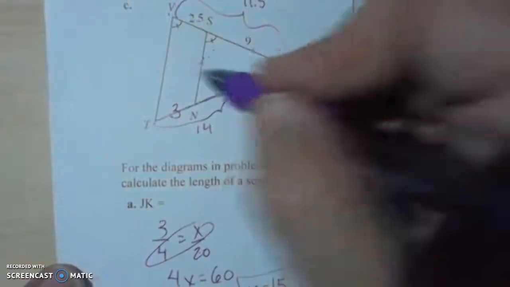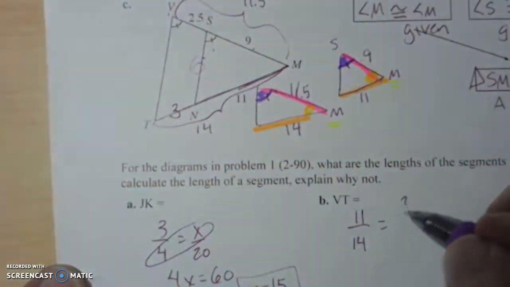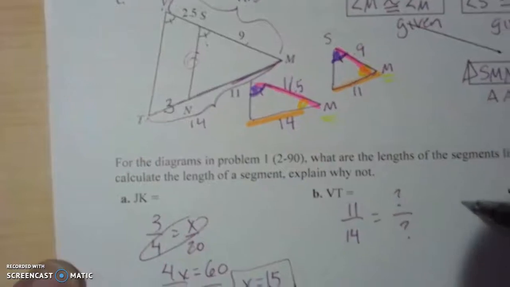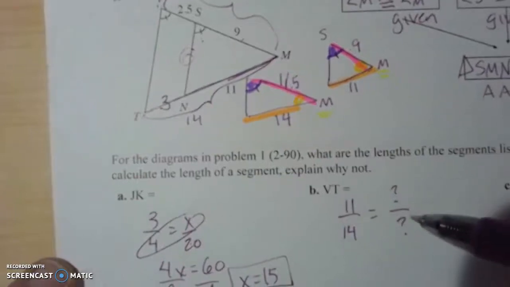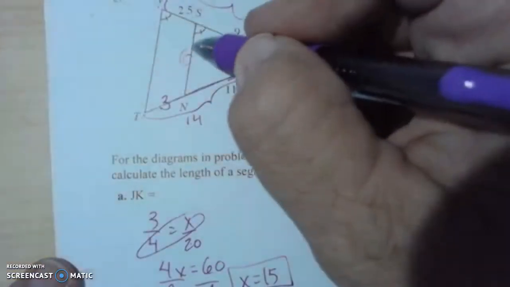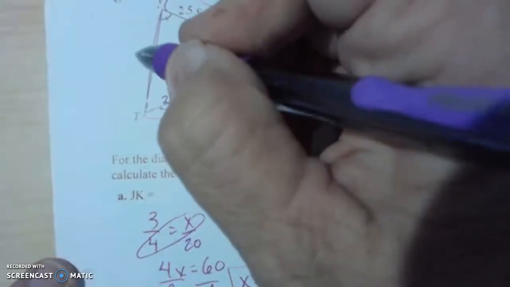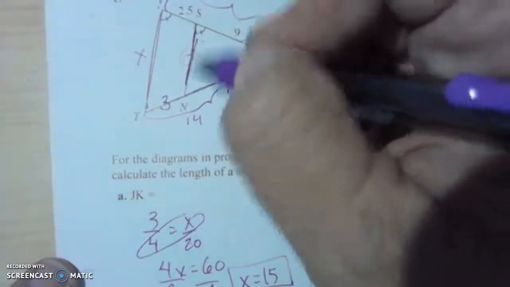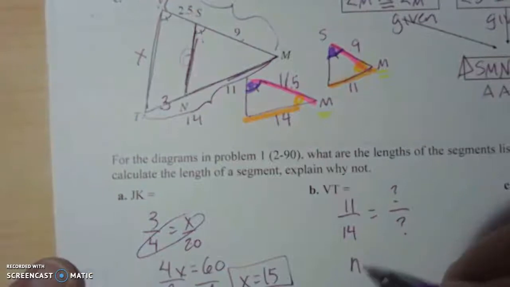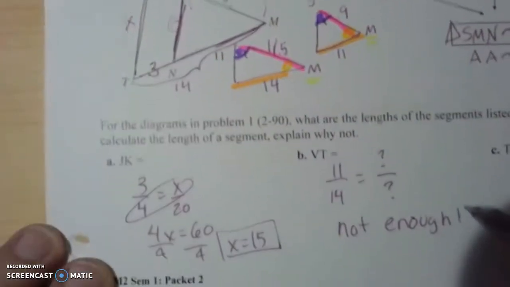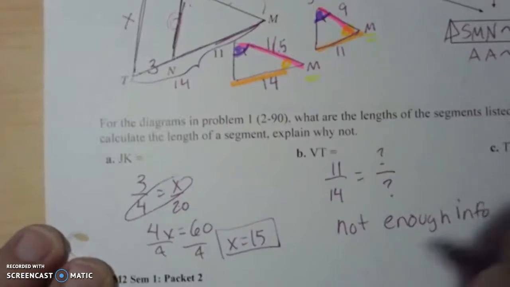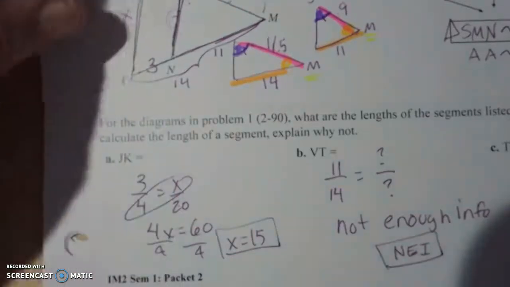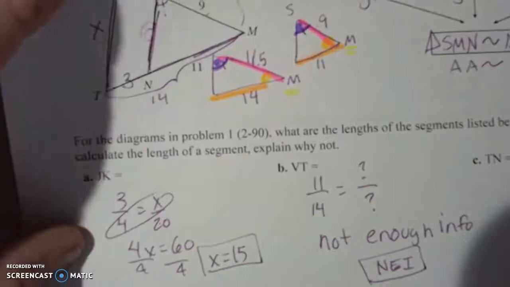Do I know what this is? No. So that's an unknown over an unknown, which is not enough information. This side has to line up with this side if we're looking for that x, but I would need to know this piece of information. So I'm going to put not enough info, and I can shorten this by saying NEI. Not enough information.